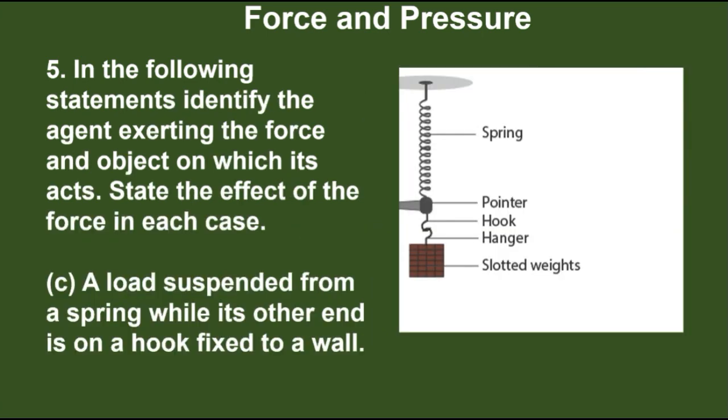Next one. Now, this is somewhat different. A load is suspended from a spring. So this is the load, and it is fixed to the hook here, to the spring. This is the spring. And one end of the spring is fixed to a wall or a support, so it is not coming out.